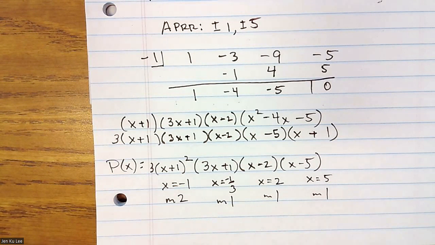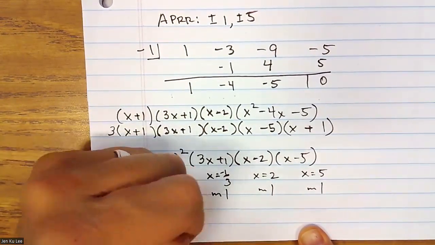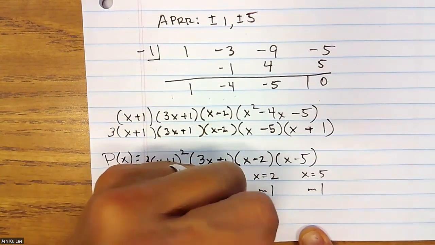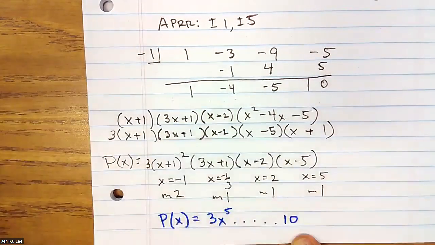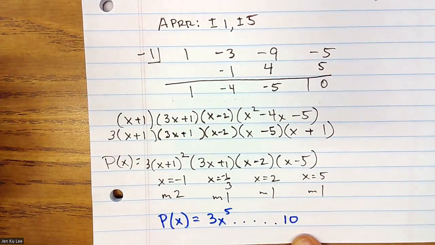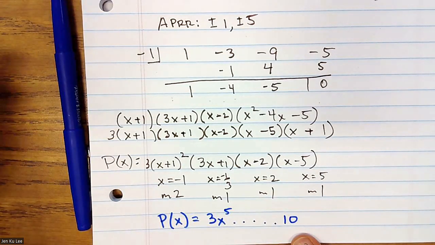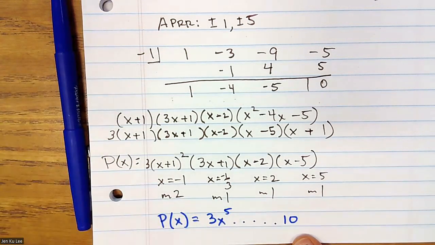My original problem, I don't remember, but what I do remember is my leading coefficient. My original unfactored form was 3x to the 5th. I don't remember these numbers here, but I do remember the constant was 10. Okay? So what's my end behavior if I wanted to graph it? My leading term is 3x to the 5th.